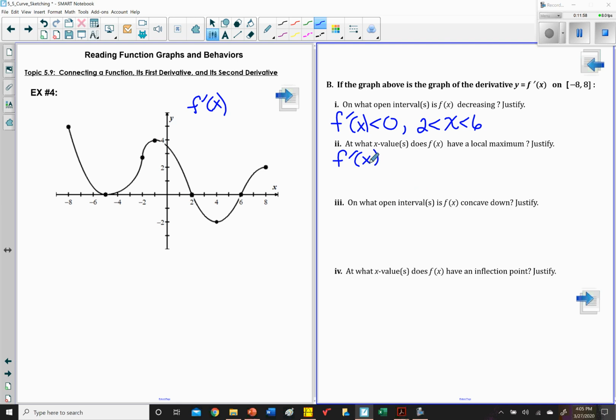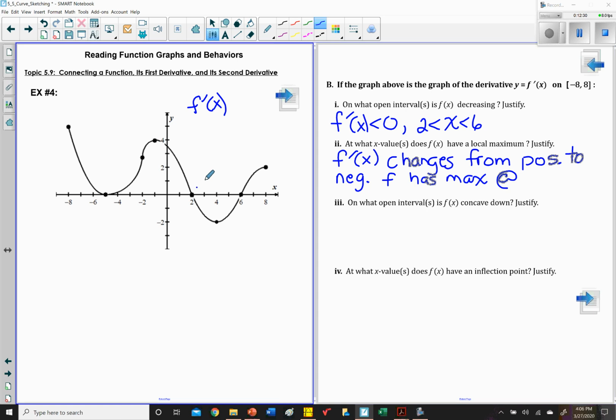So let's say f prime changes sign from positive, I'm going to abbreviate here, to negative, f has a local max. I'm just going to say a max. And that would happen where? Changing from positive to negative, so above the axis to below the axis, right at 2, at x equals 2.